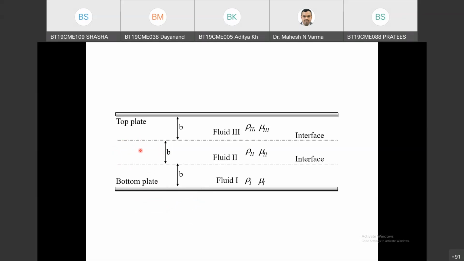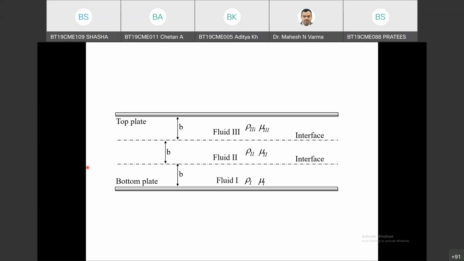Okay, very good. Roll number 11, Chetan. Yes, you are audible.